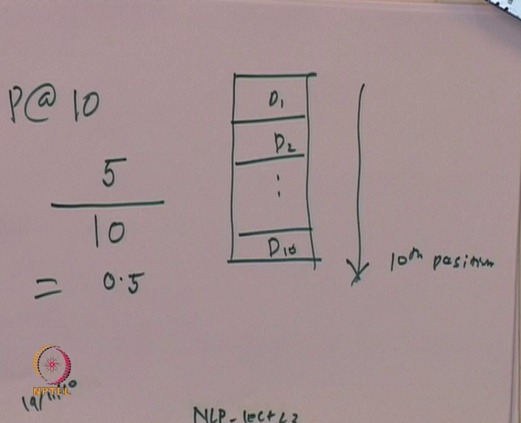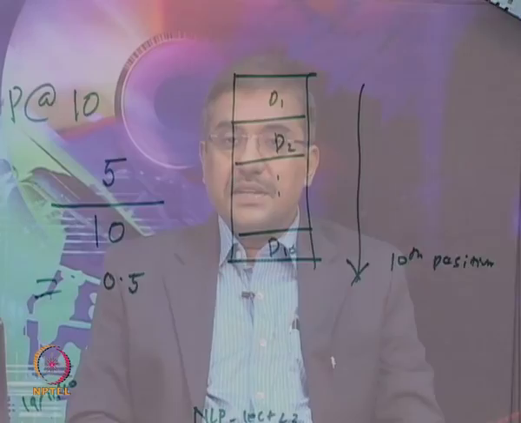So, now we come to an important point. Precision for information retrieval is defined and practically calculable. What can we say about the recall? Now, recall we said is the proportion of actual entities which are obtained.